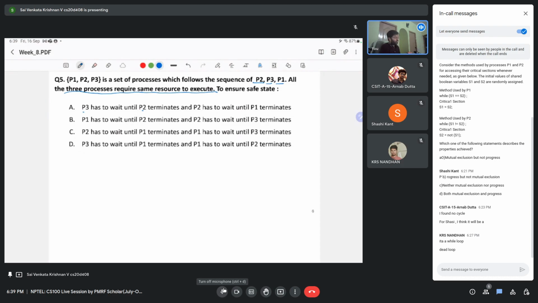Which option should be followed so that there is always a safe state?